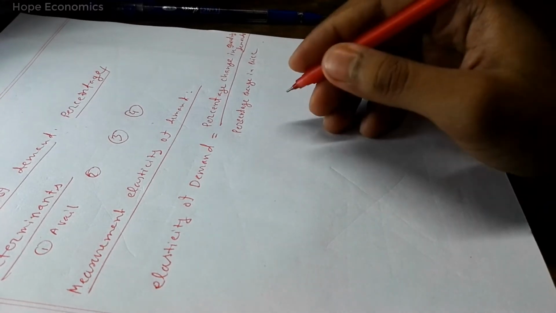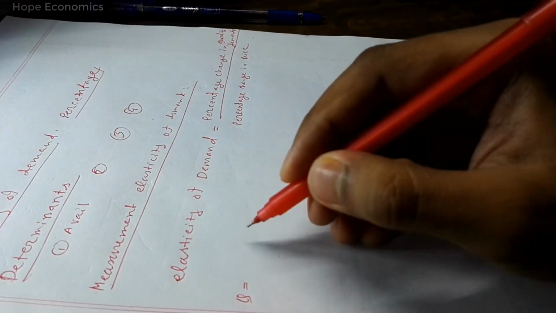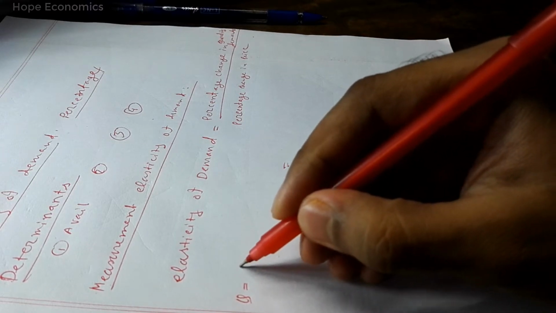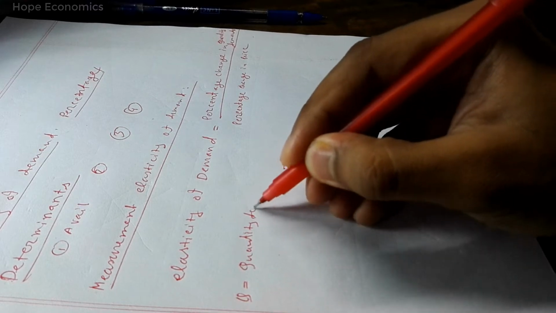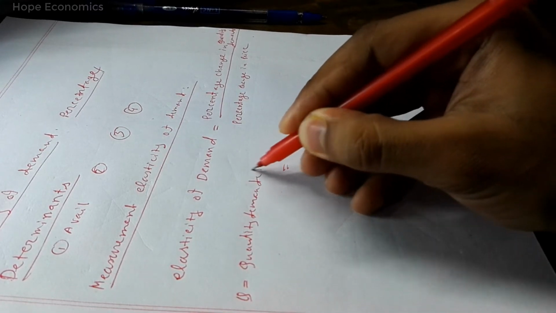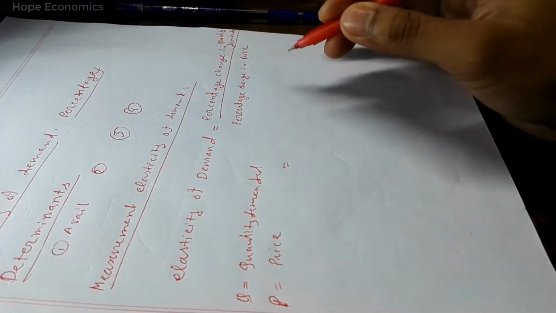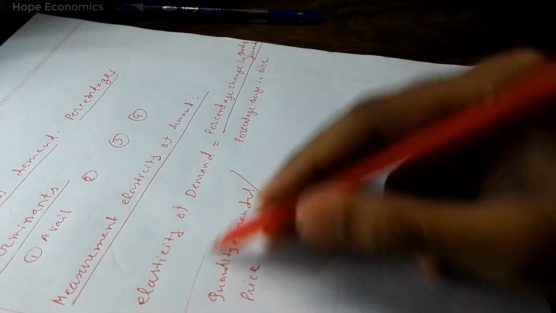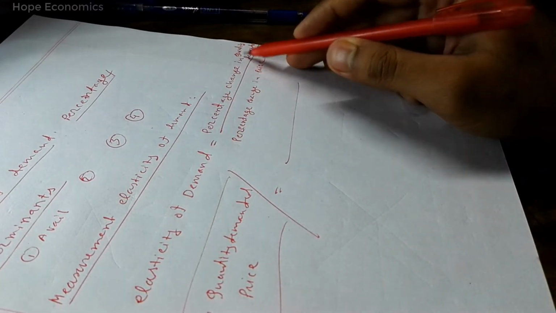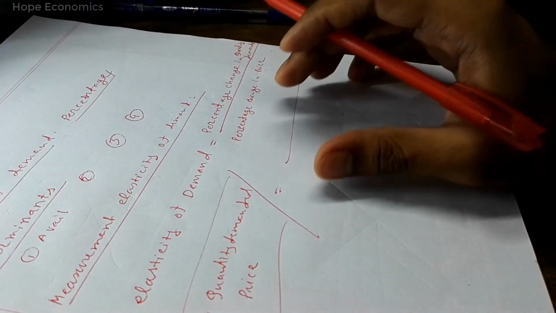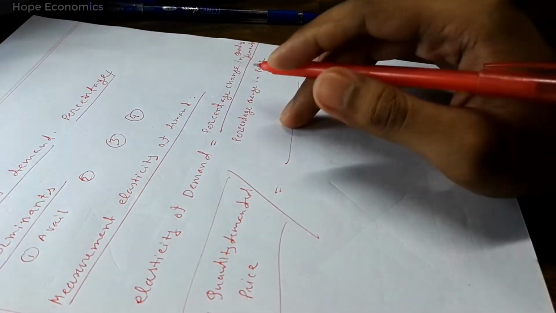So if we want to denote, let's assume Q is indicating quantity demanded and P is equal to price. So this is what we assumed. As we said, percentage change in quantity, obviously we have two quantities right now because we are shifting from one to another.